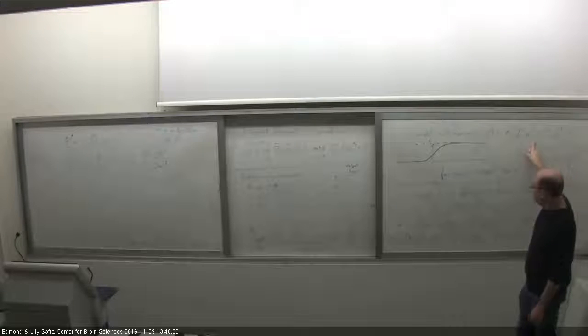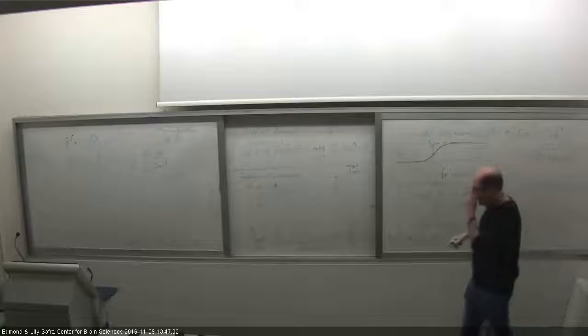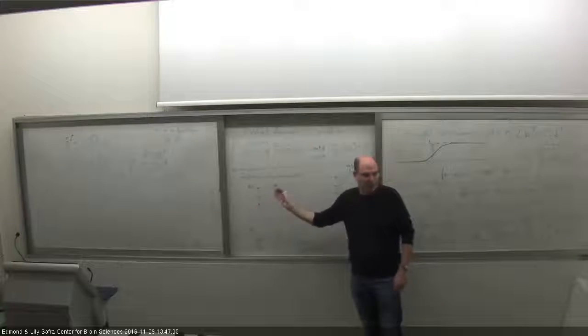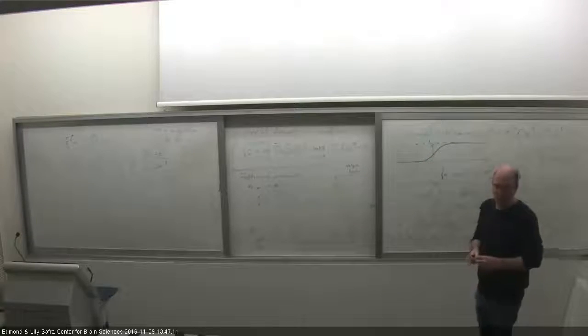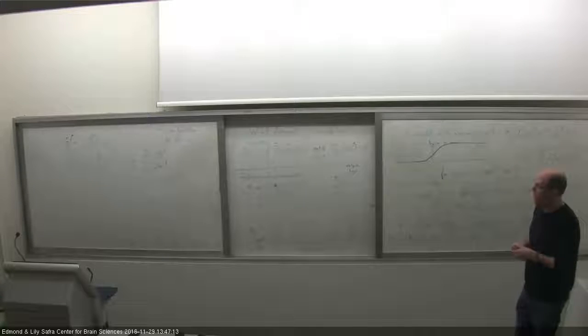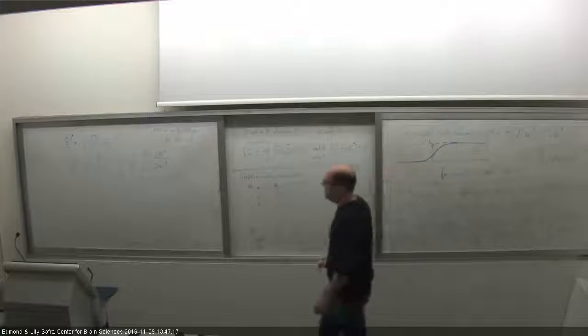But it also depends on the previous weights, because sigma L depends on sigma L minus 1, and sigma L minus 1 depends on these weights, and so on. So actually sigma L depends on all the weights in the network. So it's a somewhat technical complication how to calculate this gradient.